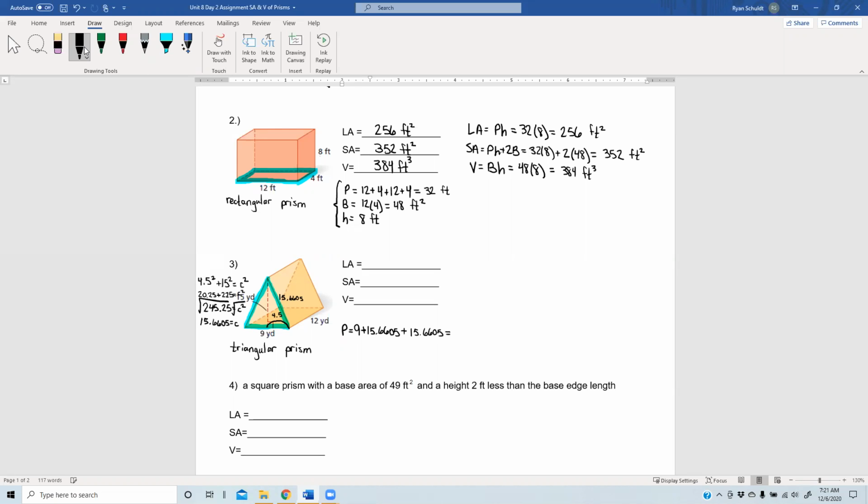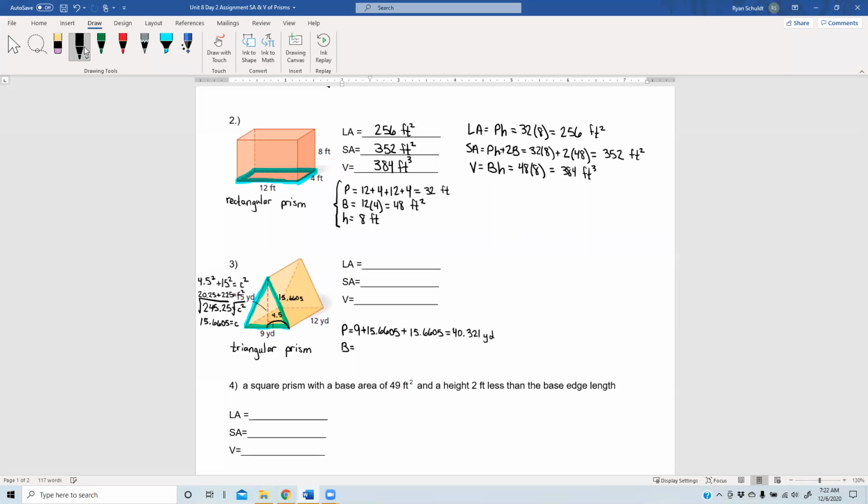So if I add that, I'll get 40.321 yards. Now we get the area of my base.